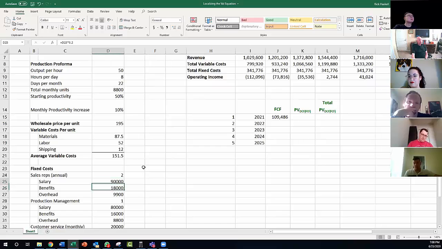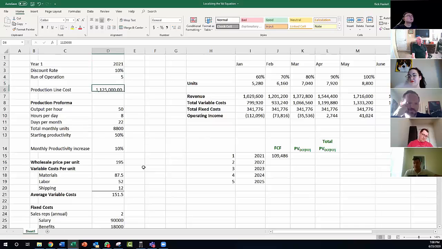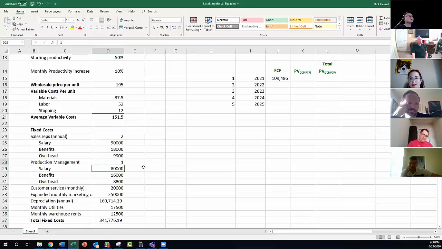So I go down here and think, okay, fine, I've got the productive capacity figured out. I put in a new production line, a new warehouse. It's going to cost me $1,125,000 I've got up here. That's what's going to cost me for the equipment. Give me about 8,800 units a month. That's good. But I'm going to have some new salespeople to help sell that product.